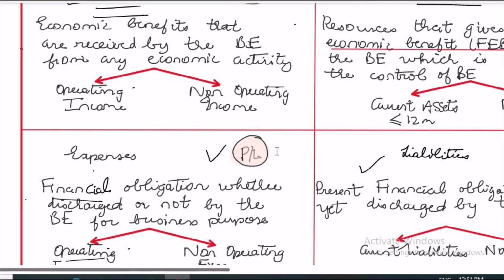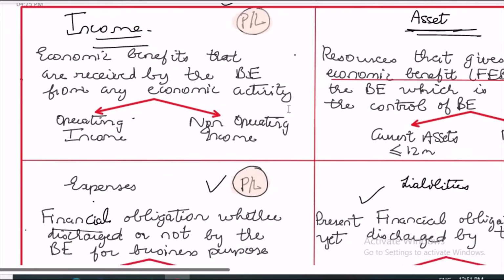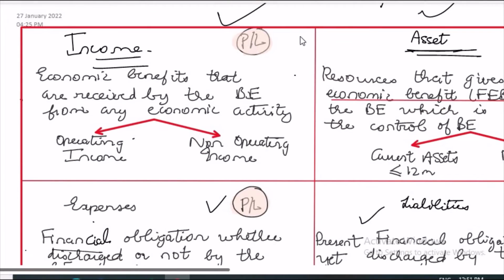For example, operating income and non-operating income. Operating income is what we earn by doing the business, and non-operating income is what we earn in some other way. That comes in the P&L.